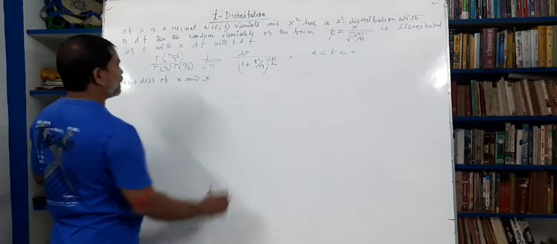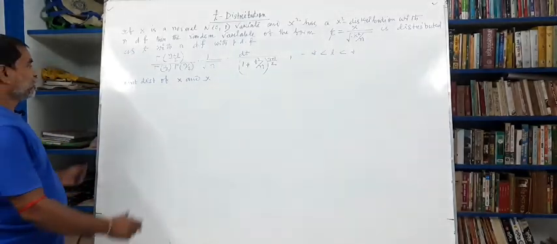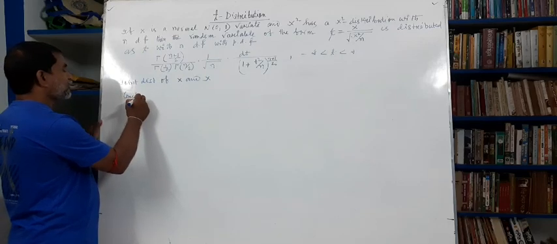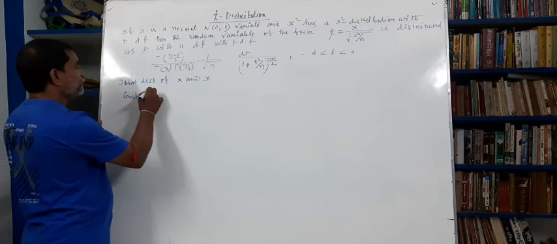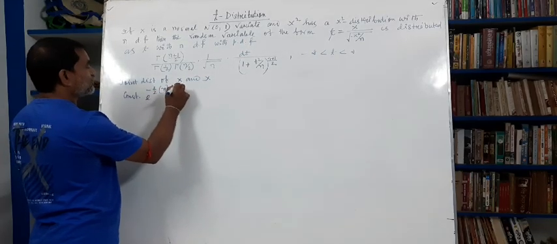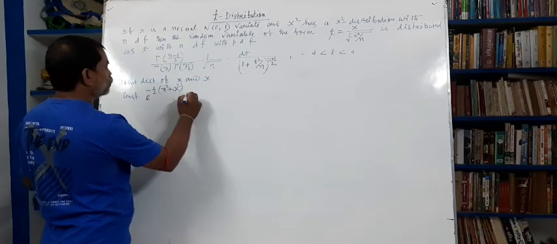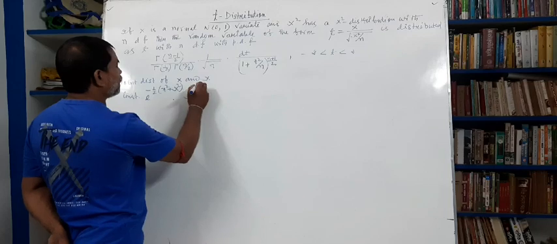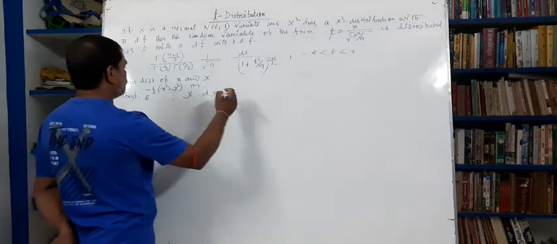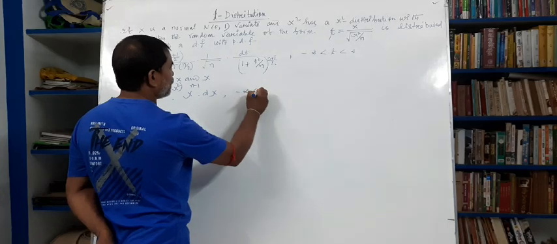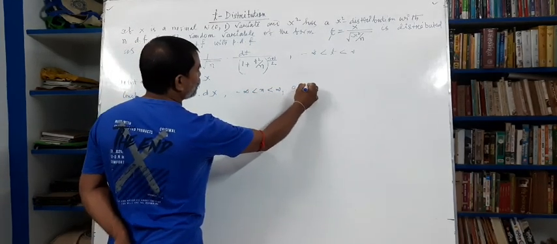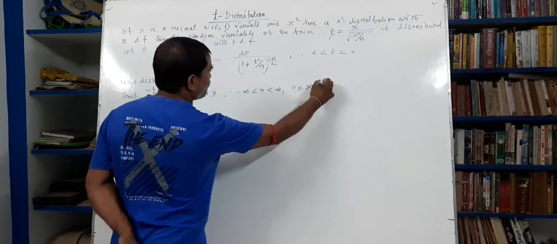Joint distribution of X and chi can be written in the form some constant into e to the power minus half into (x square plus chi square) into chi to the power n minus 1 d of chi, where minus infinity less than x less than infinity and 0 less or equal to chi less than infinity.